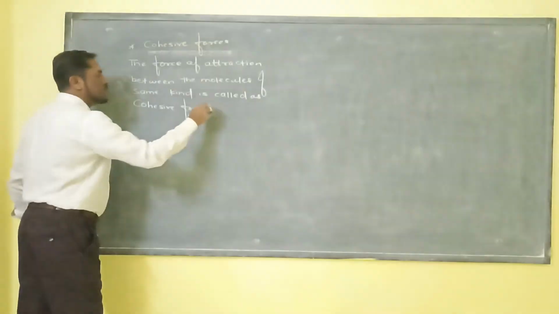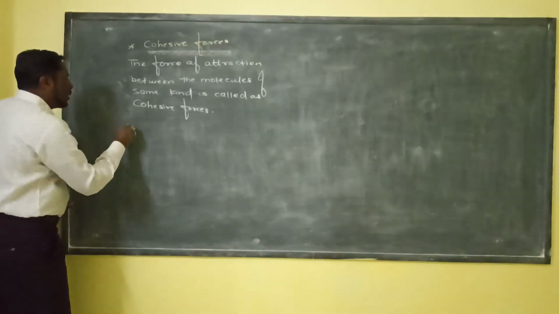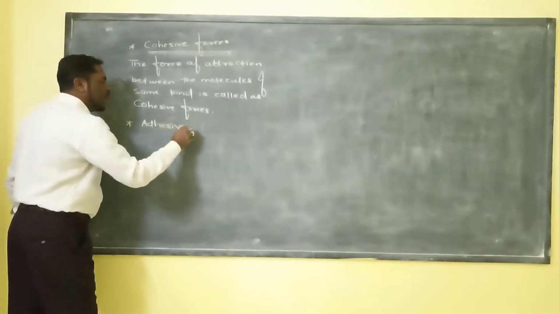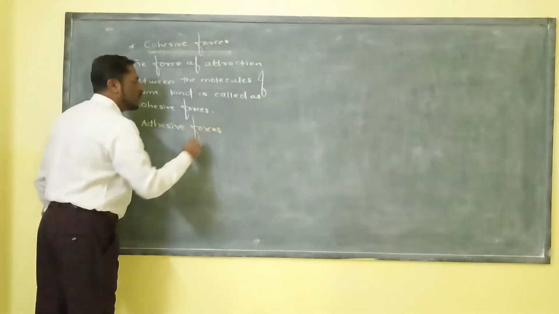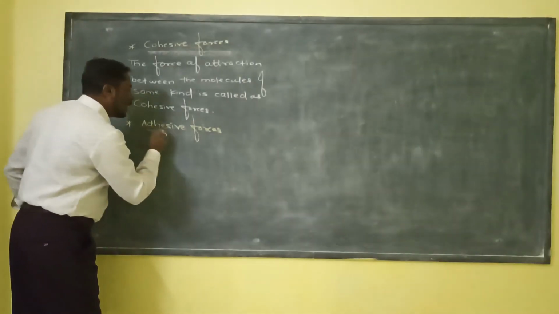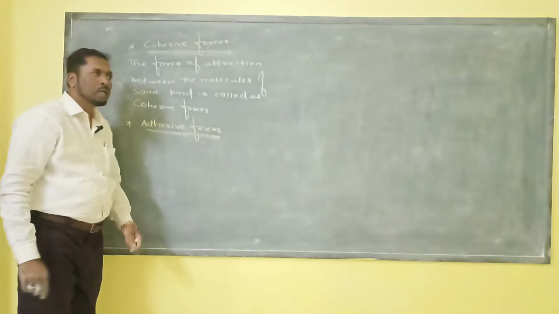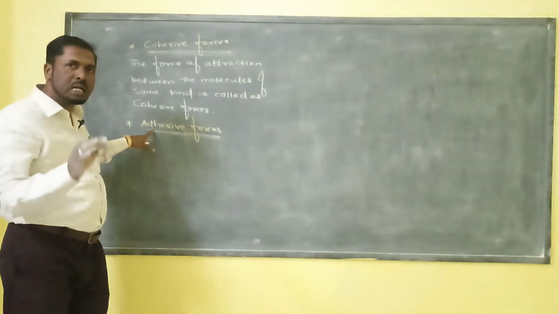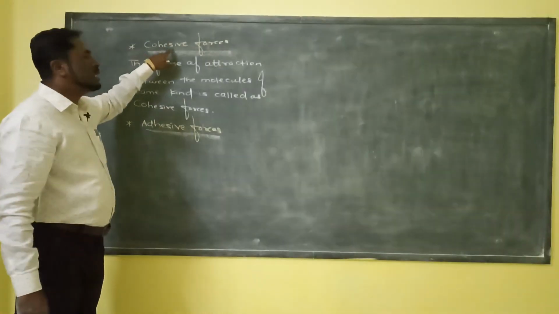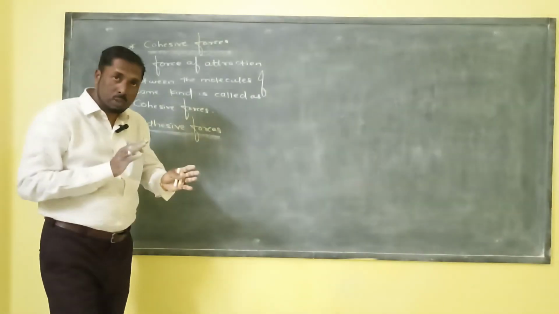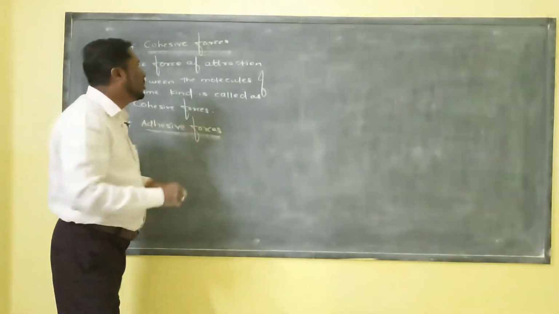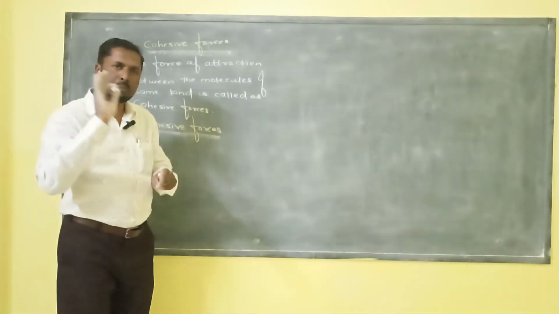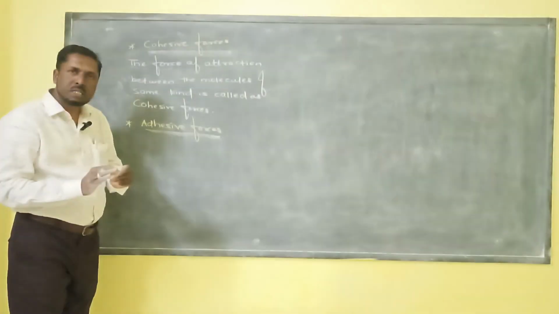Now, what do we understand by the term adhesive forces? In adhesive, D is there. D generally stands for different. In cohesive, S stands for same. How to remember it? Cohesive force is the force of attraction between the molecules of same kind. Adhesive, D stands for different.